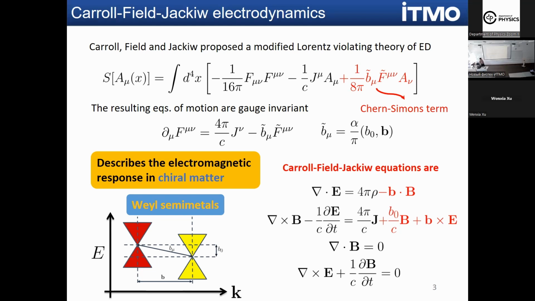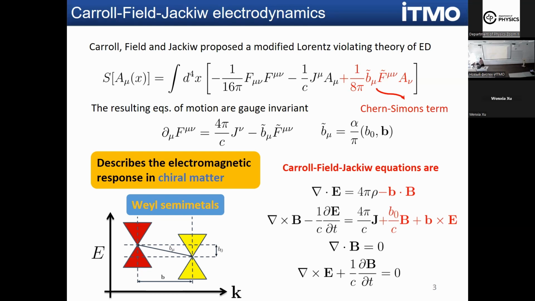One can see that gauge invariance is preserved if one makes a gauge transformation on the gauge potential A, and then integrating by parts in the action, one can take out a total derivative, which doesn't affect the equations of motion of this theory. So the resulting equations of motion are given by this equation here.